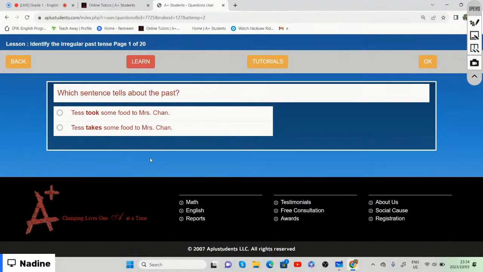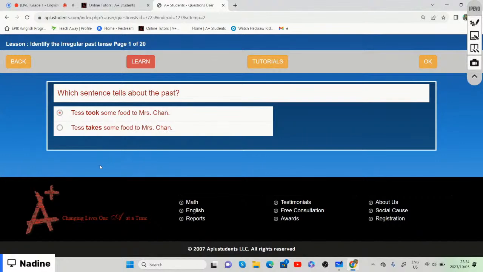Is it "Tess took some food to Mrs. Chan," or "Tess takes some food to Mrs. Chan"? We need to choose the sentence that tells us about the past. All right, so if we select the sentence that tells us about the past, then we can say took.